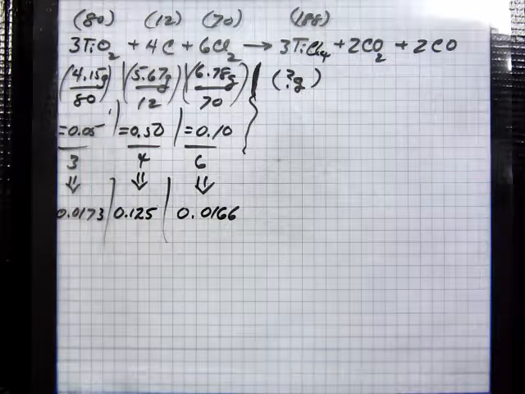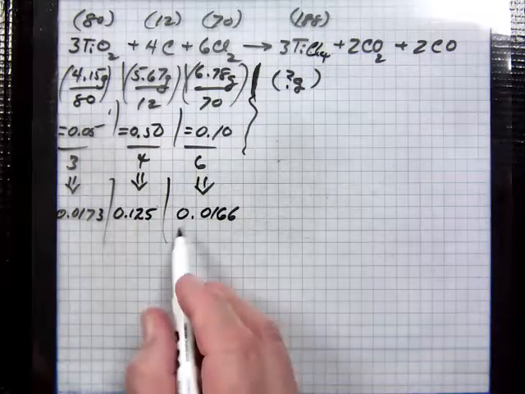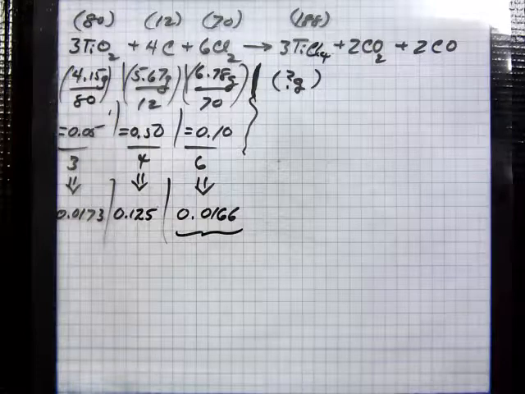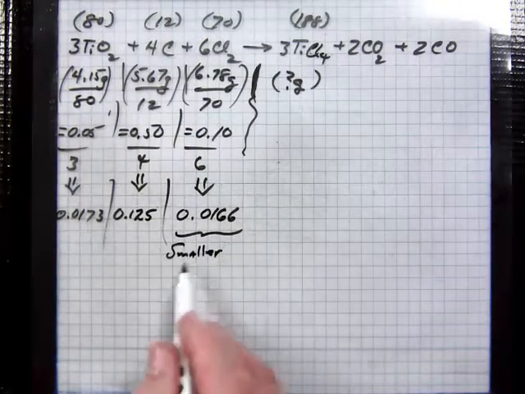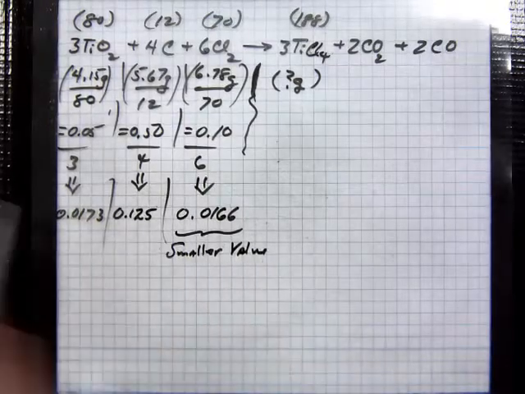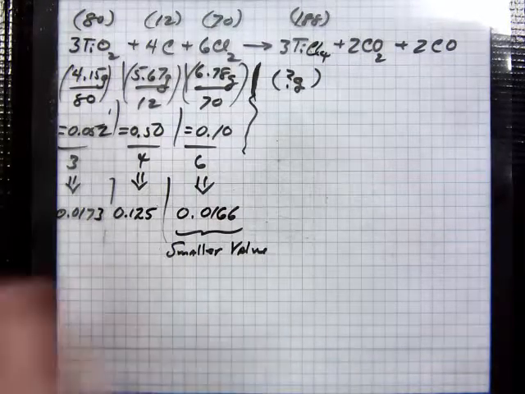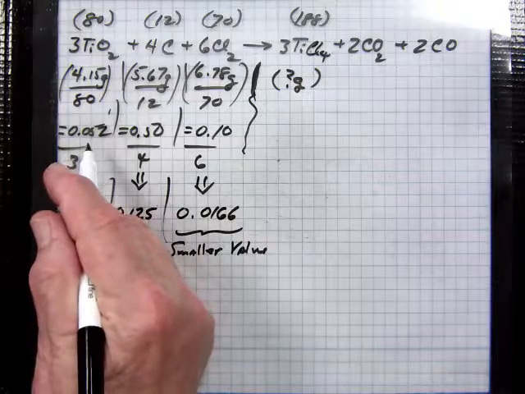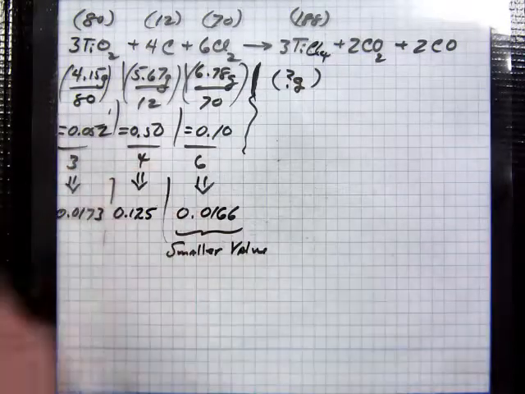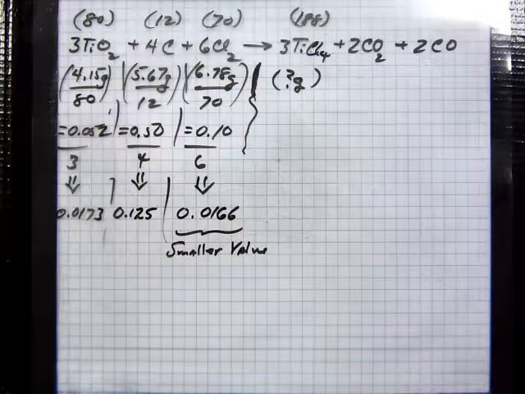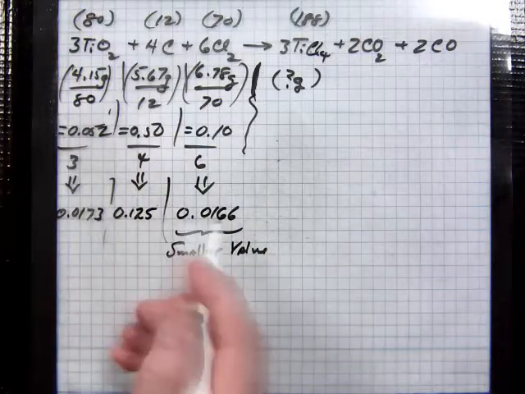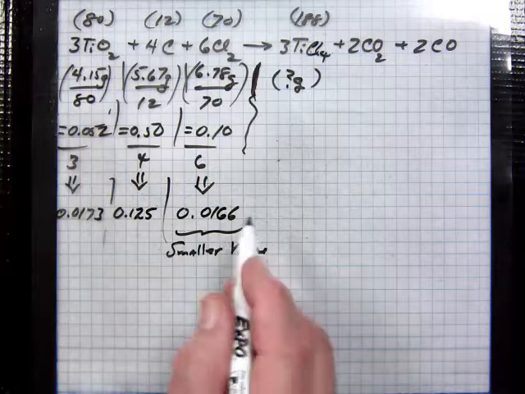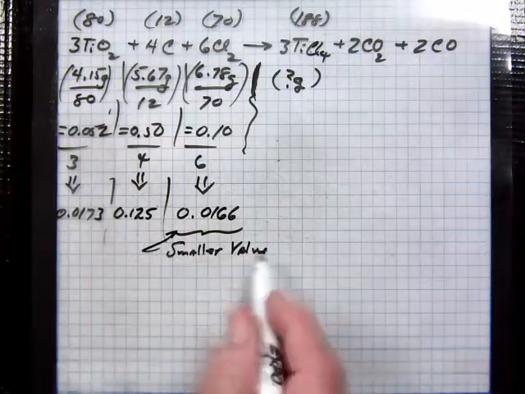It's kind of splitting hairs here, but technically, that's a smaller number. Is that what you're saying? Yeah. Sometimes you have to carry them out an extra decimal to see who's going to be the smaller number. This is a pretty tight squeeze, but nevertheless, smaller value, limiting reagent.